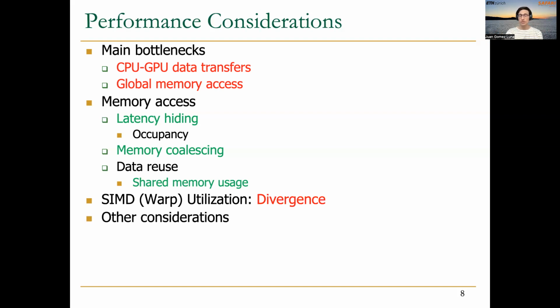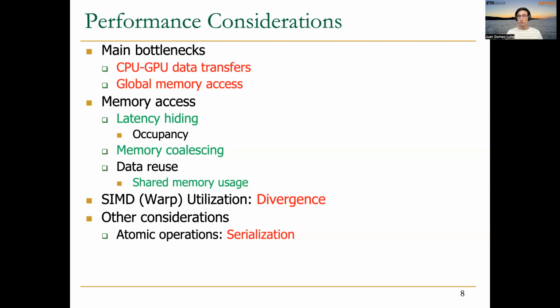There are other considerations as well. They are very useful and important. Atomic operations are useful because they allow us to avoid data races whenever we have, for example, two threads in the same warp that need to update the same values in memory. We can use atomic operations in order to have code that is functionally correct, but the undesired consequence will be that the execution will serialize.